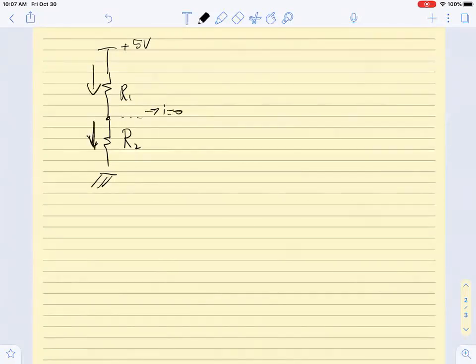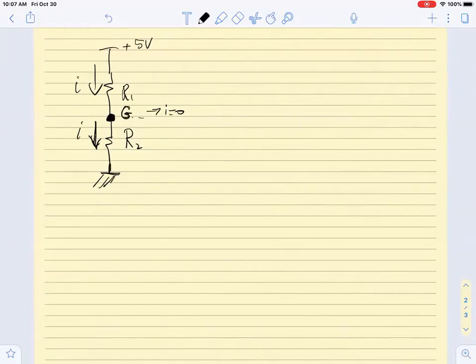Can I use voltage division to determine the G node? What's the voltage at node G? شو voltage at this node if G is sitting between two resistors R1 and R2 and the same current is flowing in those two branches?